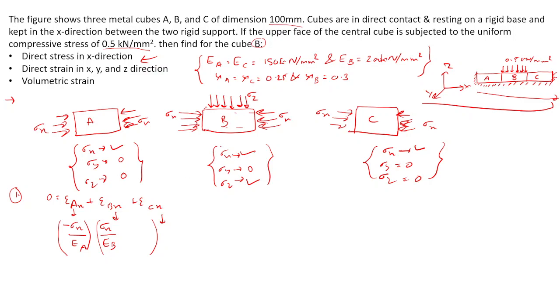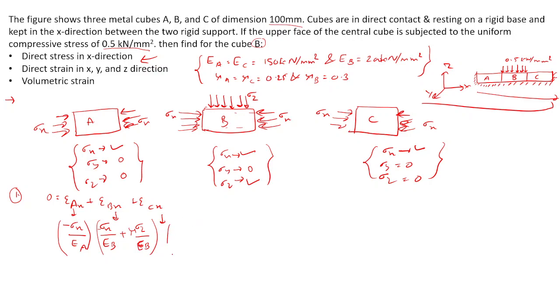Here EB will come because Young's modulus of B we have to take, because it is the body B. Now due to sigma z, it is in the transverse direction, so minus sign will also put minus, and minus minus will become plus, mu B sigma z by EB, and sigma y is 0. So this is okay to all or not? Let me know first that. For everyone it is okay, right?